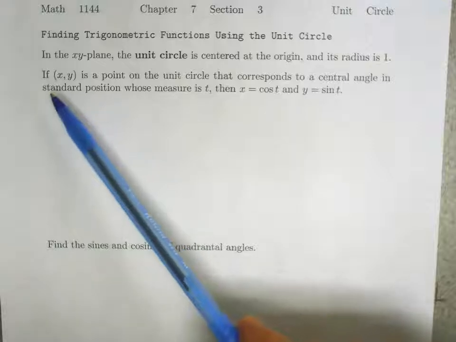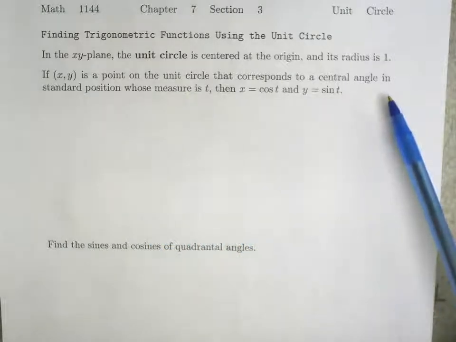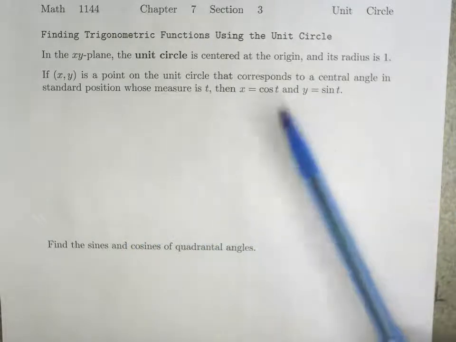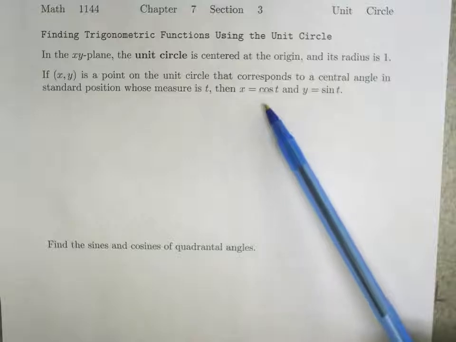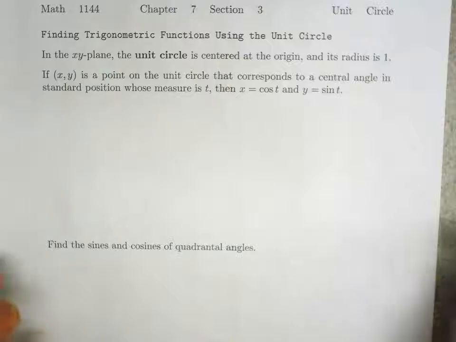If the ordered pair (x, y) is a point on the unit circle that corresponds to a central angle in standard position whose measure is t, then the x-coordinate is equal to cosine of t, and the y-coordinate is equal to sine of t.